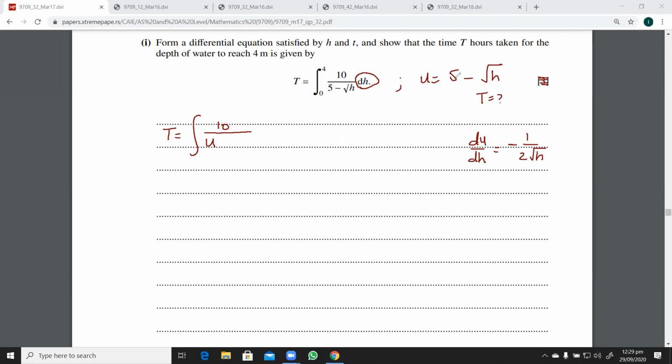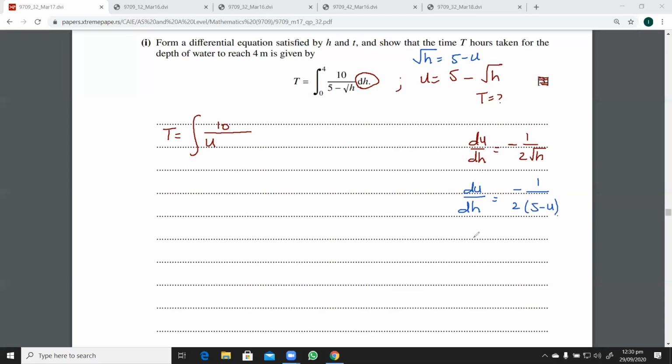Now, if this u is 5 minus under root h, what will be under root h? Can I say under root h will be 5 minus u? Yes. So this du over dh is going to be minus 1 over 2 into 5 minus u.